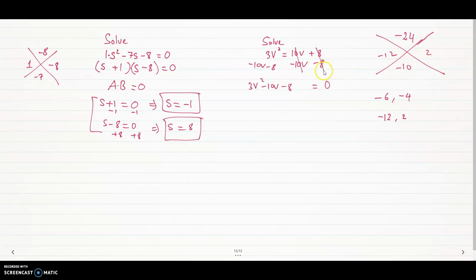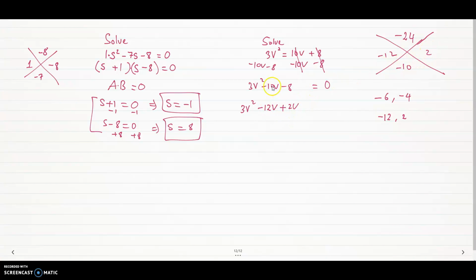Okay, then now the next step is I rewrite this equation. So 3v squared, and the minus 10v is now written as the summation of these two numbers. Instead of writing minus 10v, I write minus 12v plus 2v.